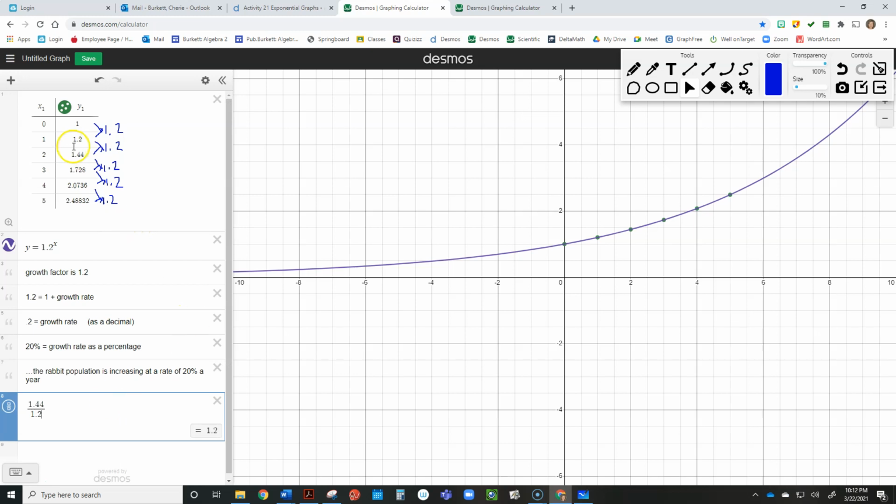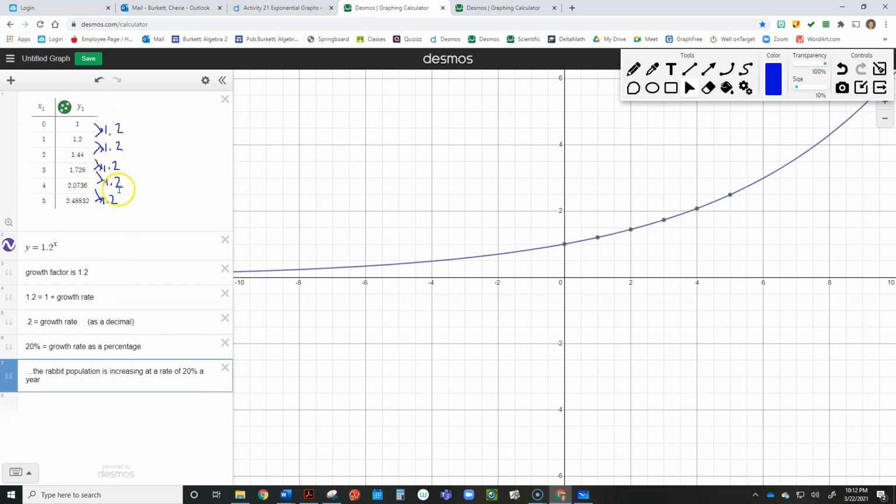Divide it by the term in front of it, and you'll see it comes out to be 1.2. Then do the same thing. Take the next term, 1.728, and divide it by 1.44, and it comes out to be 1.2. So take this term right here, divide it by that one, and you'll see that it's the constant multiplier.